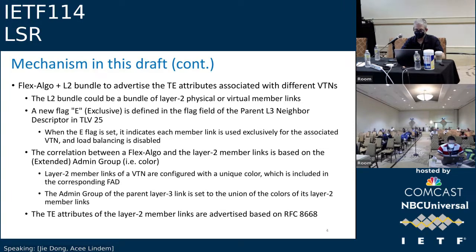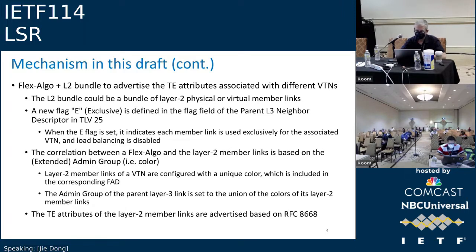And for the correlation between an Algo and the layer 2 member links, this is based on the extended admin group or color. Basically, each layer 2 member link is configured with a unique color, which is used as an include rule in the corresponding FAD. And the admin group of the parent layer 3 link is set to the union of all the colors of its layer 2 member links.